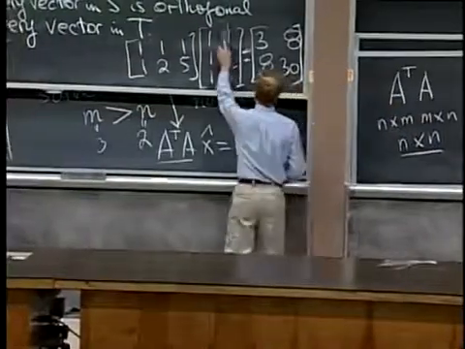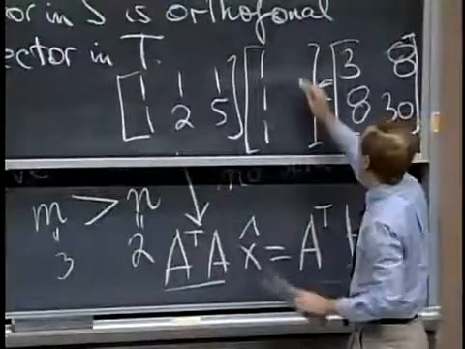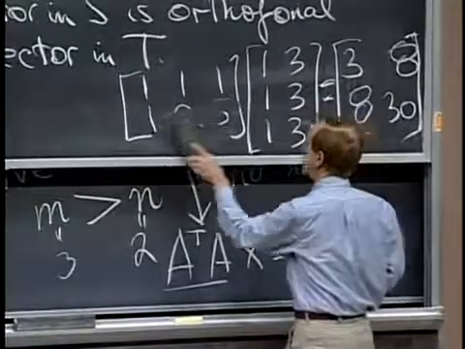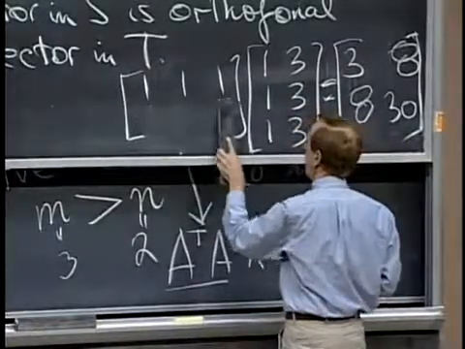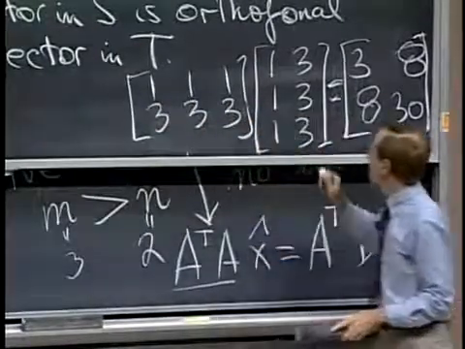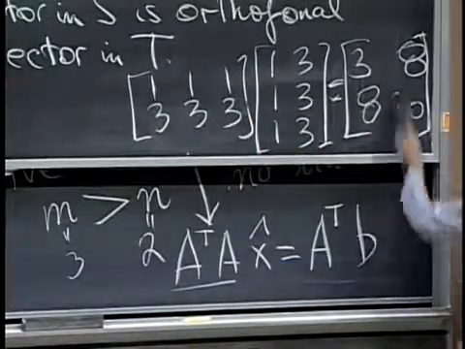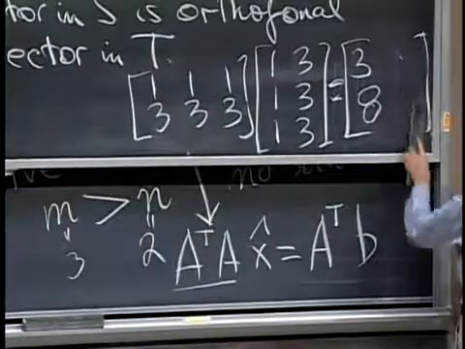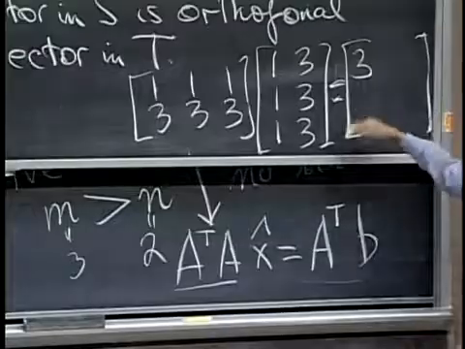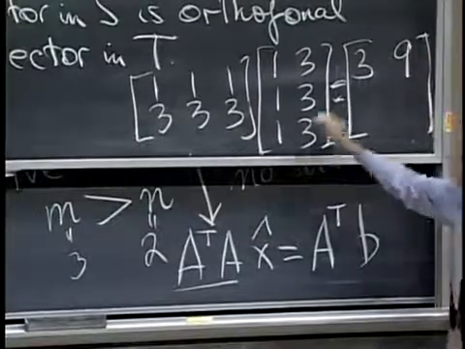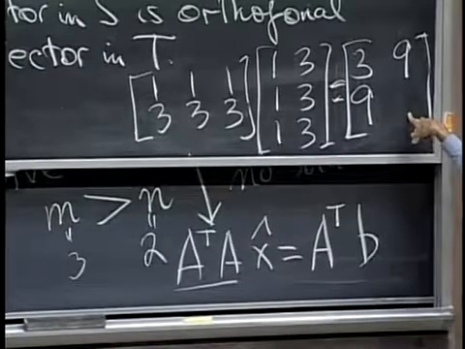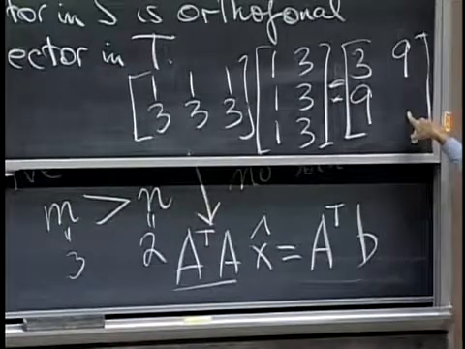Suppose I change to that A. Now I figure out A transpose A again, and what do I get? I get 9, of course. And here, what's that entry? 27.